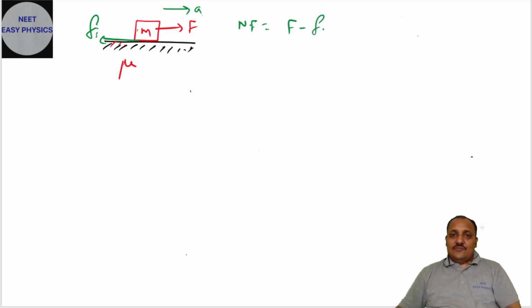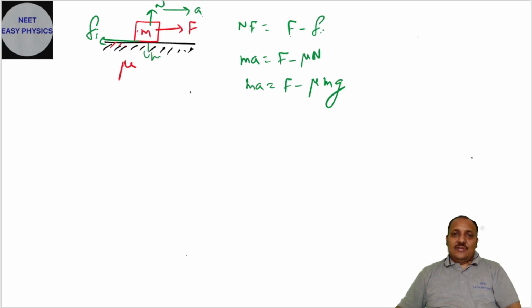F minus f. F is the applied force. What is small f? Frictional force, mu N. Resultant force is ma. So ma is equal to F minus mu mg, because normal reaction is going to be equal to mg. Then acceleration is F by m minus mu g.